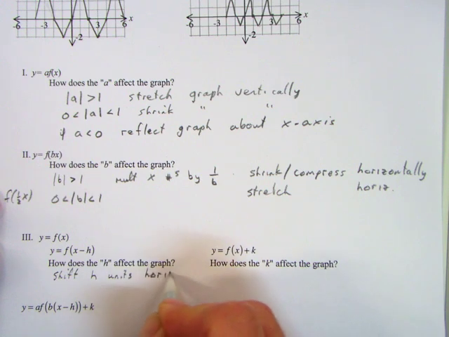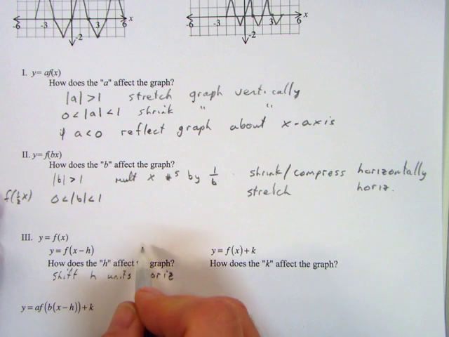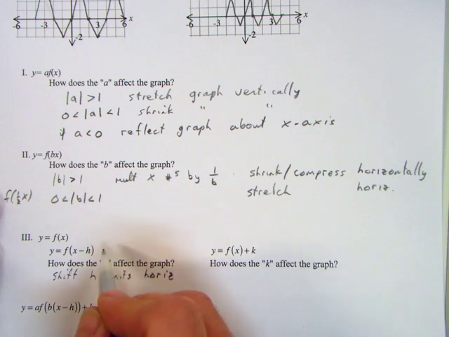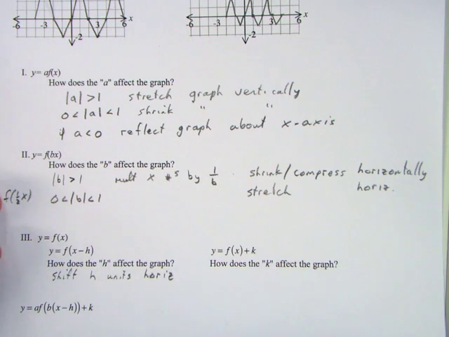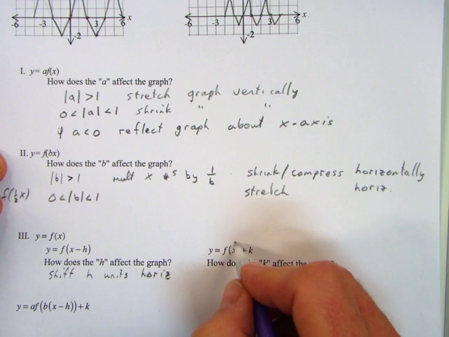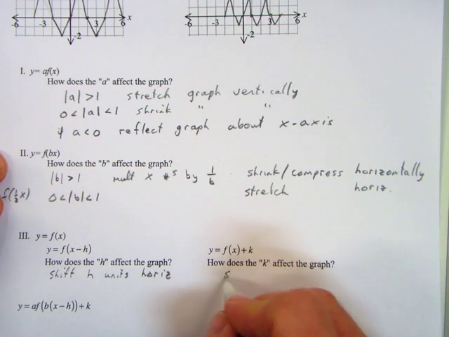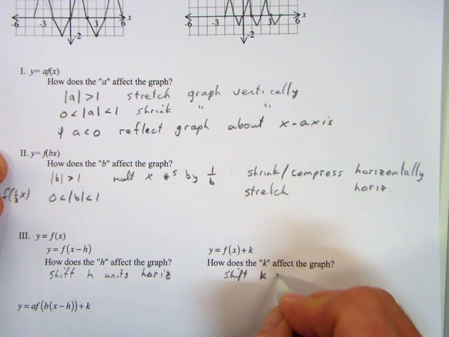Now, as a review, if it says x minus 2, then it's going to shift it 2 units to the right. If it says x plus 2, that's going to be 2 units to the left, just like the work we've done with parabolas. And how does the k affect it? It's taking our y values and adding k. So what this is going to do is shift k units vertically.